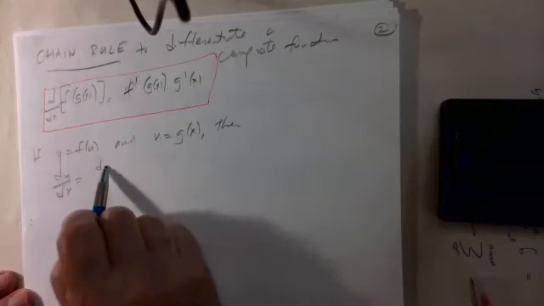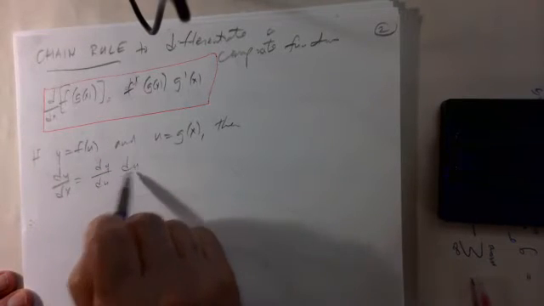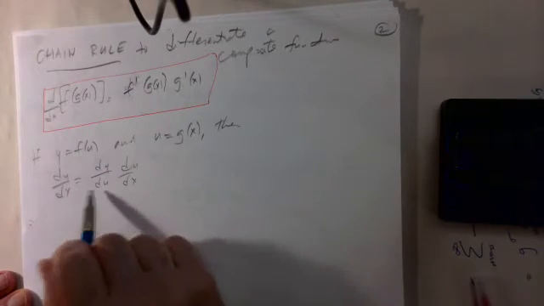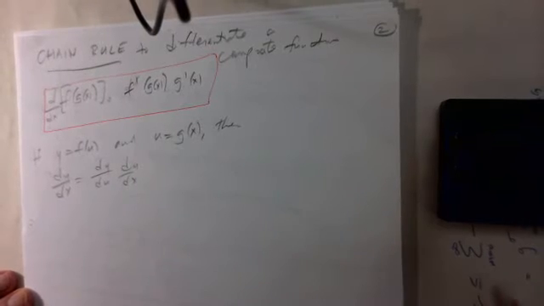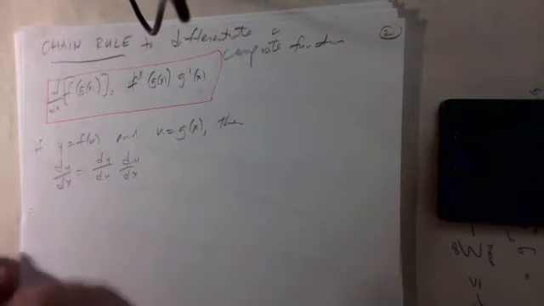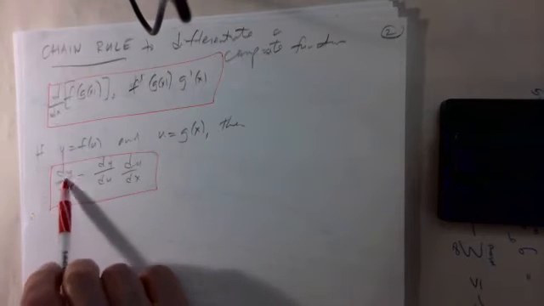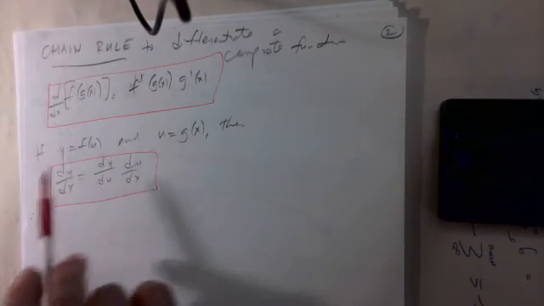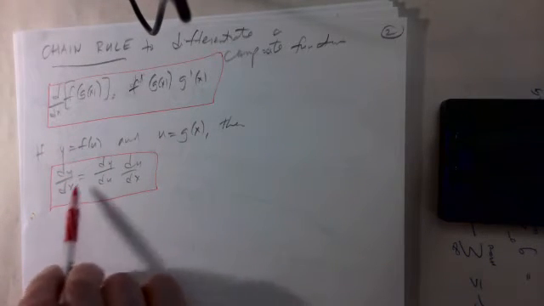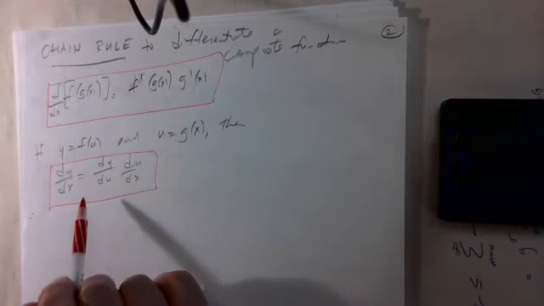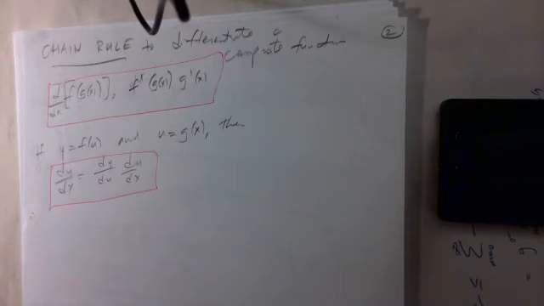This over this is like dy over du, du over dx. Imagine like these cancel, this is what you get. So this is really just a great way to remember the chain rule. If y is a function of u and u is a function of x, dy dx is dy du times du dx. Right? It's almost like a fraction. And before I prove it, let me work out a number of examples.